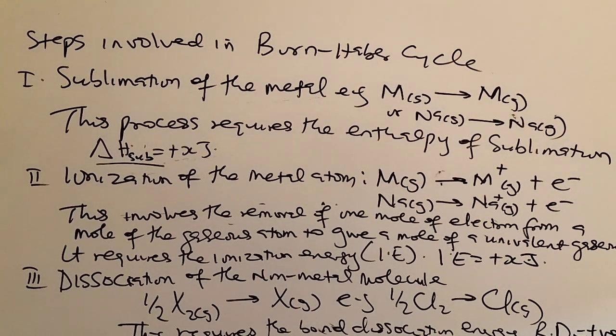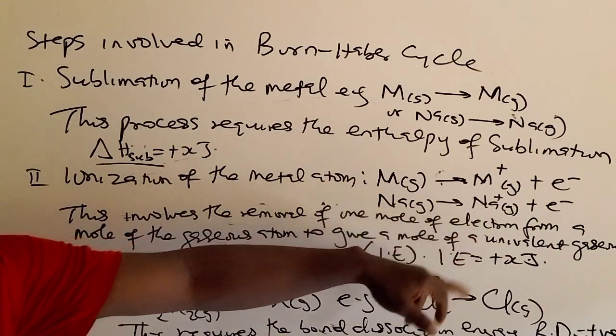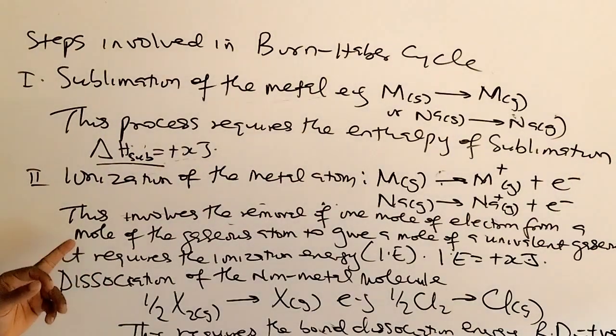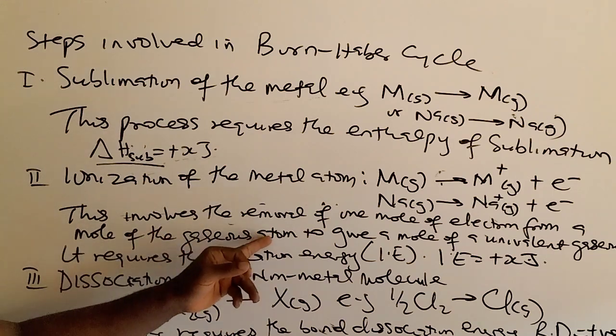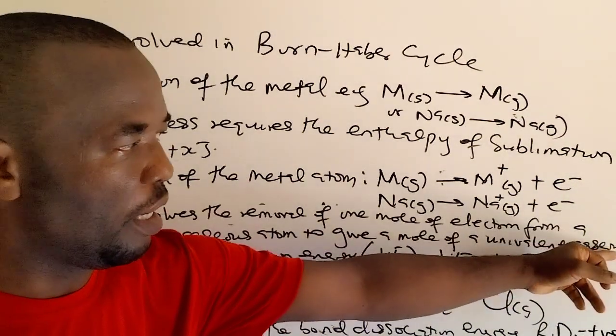Then the next step in the Born-Haber cycle is ionization of the metal atom. Ionization is the process of removing an electron. This involves the removal of 1 mole of electrons from a mole of the gaseous atom to produce 1 mole of univalent gaseous ion.